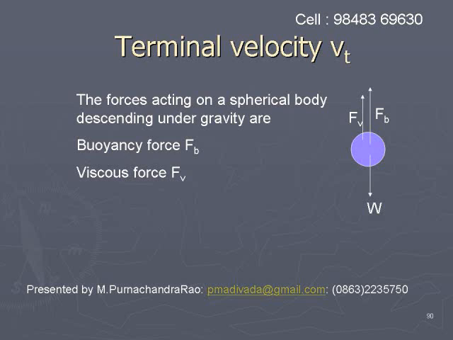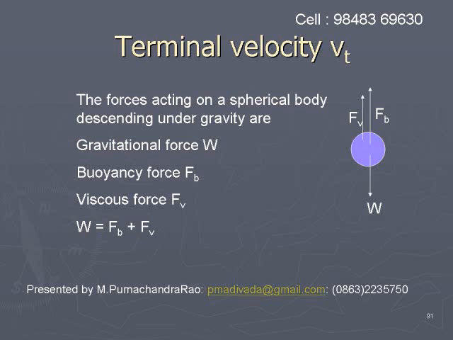When it is traveling with terminal velocity, the net force acting on this spherical body is 0. Hence, weight W will be equal to the sum of the viscous force and the buoyancy force. If W is weight, Fb is buoyancy force, and Fv is viscous force, then W is equal to Fv plus Fb. Using this relation, we can derive a relation for terminal velocity.